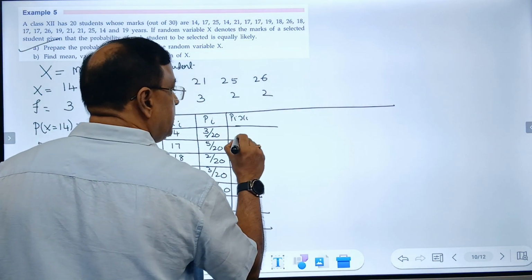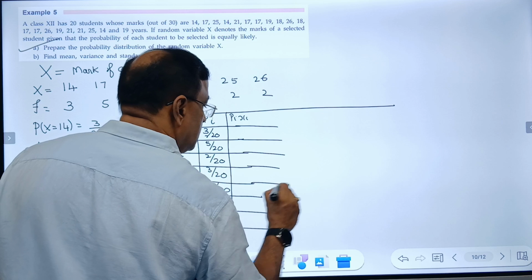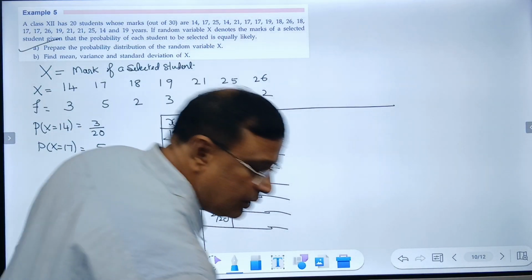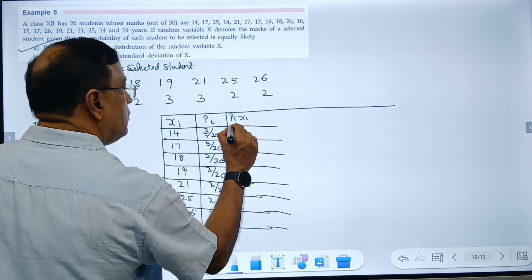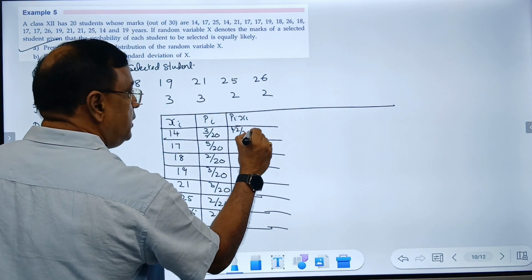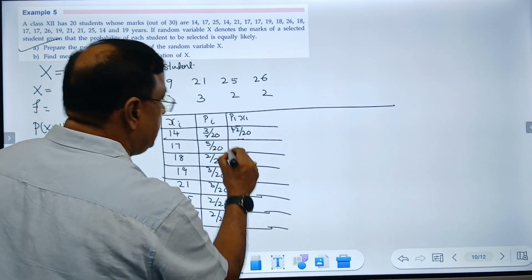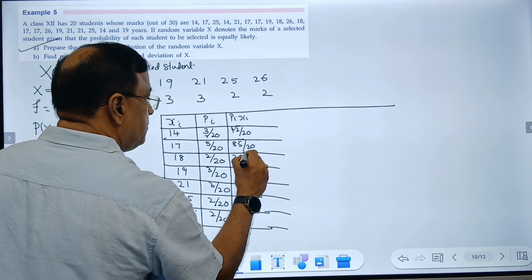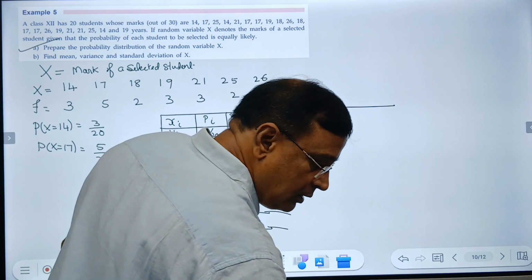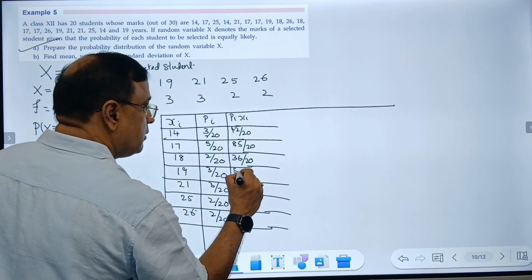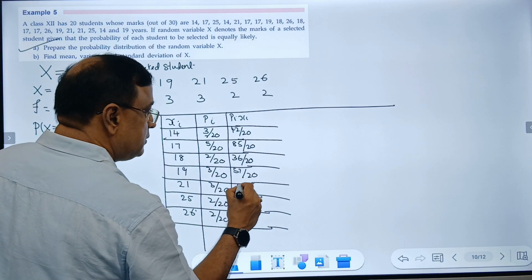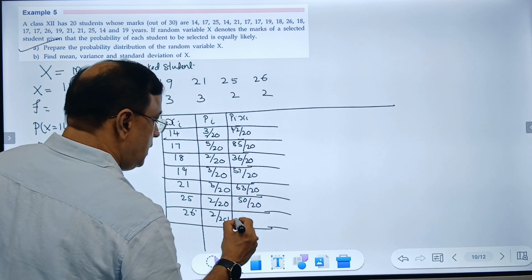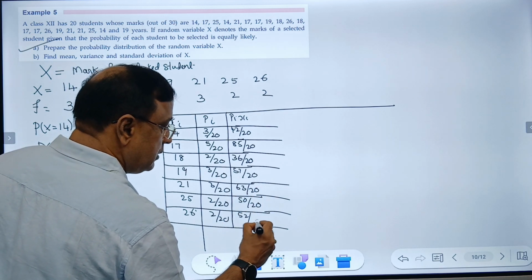Multiplying, I have already multiplied and kept: 42 by 20, 85 by 20, 36 by 20, 57 by 20, 63 by 20, 50 by 20, and 52 by 20.